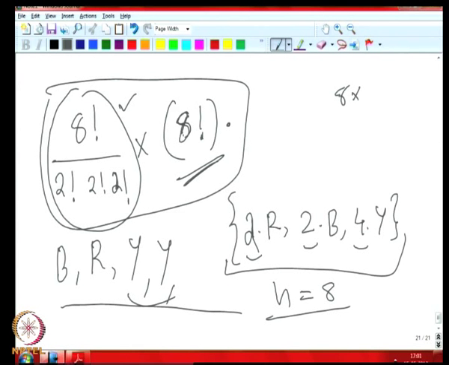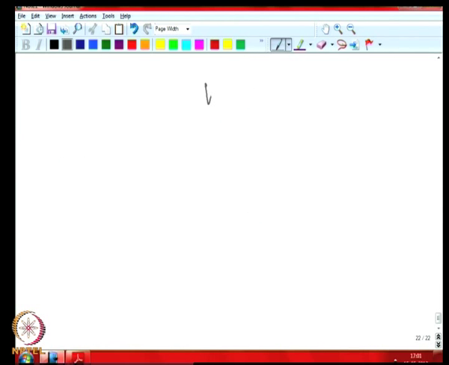And naturally we can very easily generalize it to the n case. Suppose there is an n by n chessboard and there are n rooks placed in a non-attacking configuration. Of course, we can do it in n factorial ways, as we have already argued.